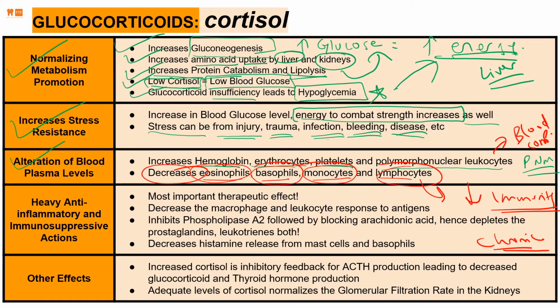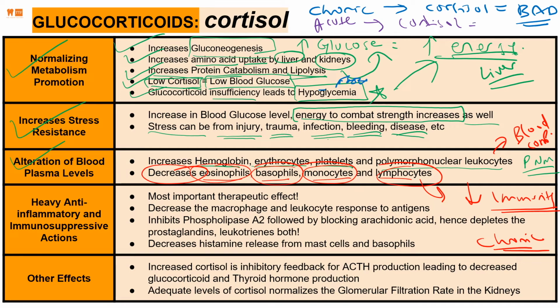I'm going to write this one more time, guys, okay? Chronic and cortisol are bad together, but acute, such as maybe allergies, right? I'll rewrite this here. Acute, so I'm going to write acute and cortisol is good. Okay, what does that statement mean for us, guys? Think about it.